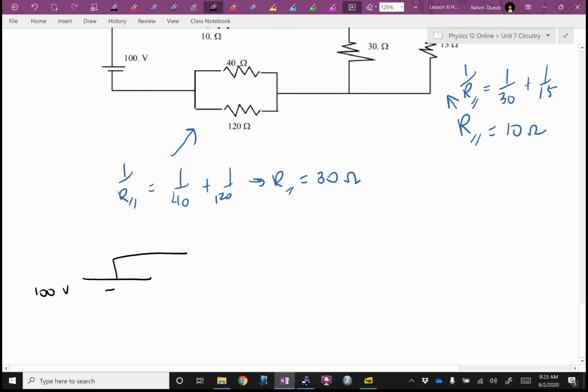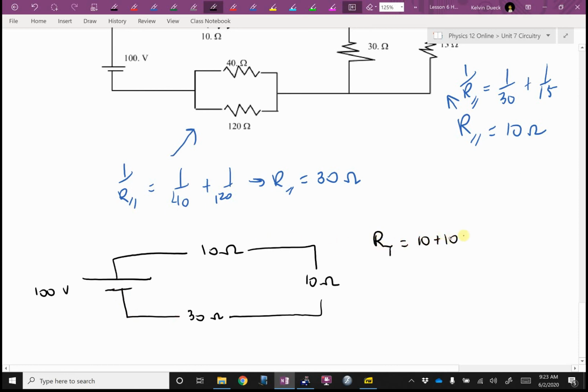That top resistor is 10 ohms. This whole mess is 10 ohms. And this whole mess is 30 ohms. There's the mathematical equivalent. And so I can tell you that our total is 10 plus 10 plus 30, 50 ohms.